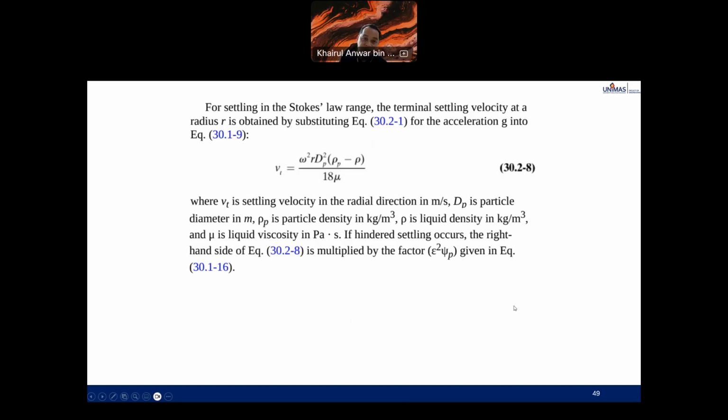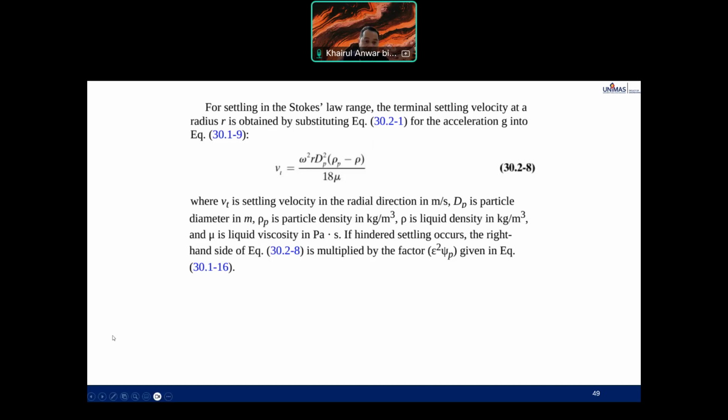For settling in the Stokes flow region, the terminal velocity at radius R is obtained by substituting the acceleration into equation 30.1-9, then we get 30.2-8, where Vt is the settling velocity in the radial direction.